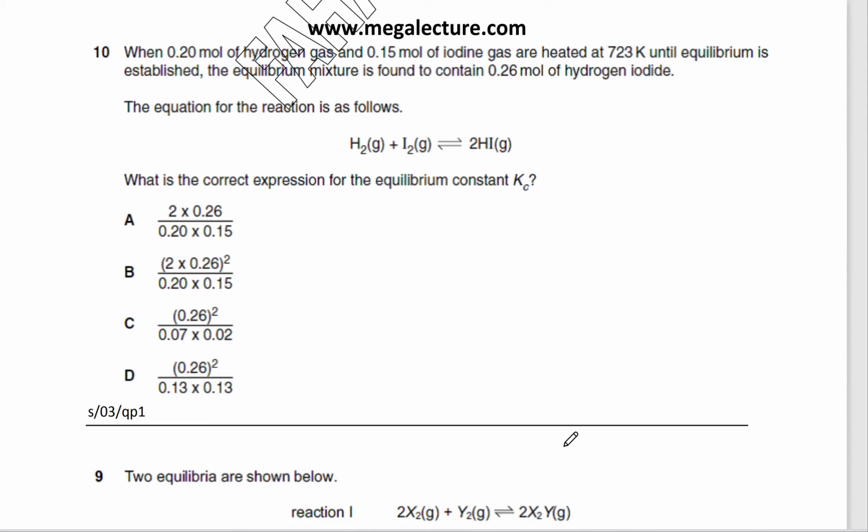Try doing this one then. Tell me what the answer is. It's kind of the same question.